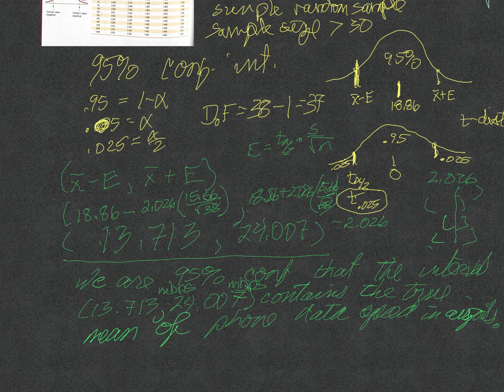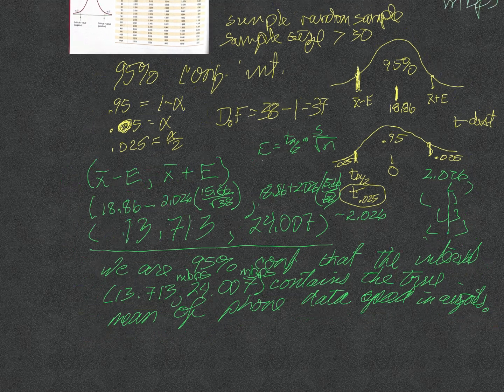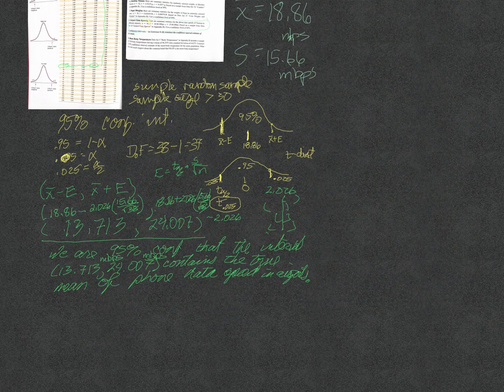Well, if you knew the confidence interval, you could work backwards to find the error, okay? So for instance, suppose this was our confidence interval, 13.713 and 24.007. And all we knew was that was the confidence interval, okay? And what we wanted to find was the sample size.